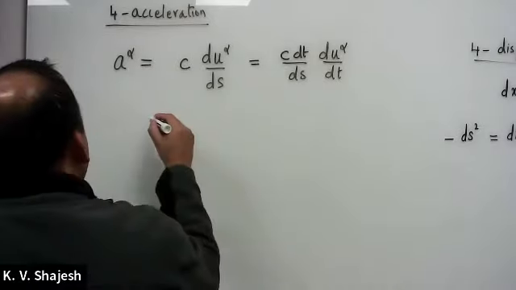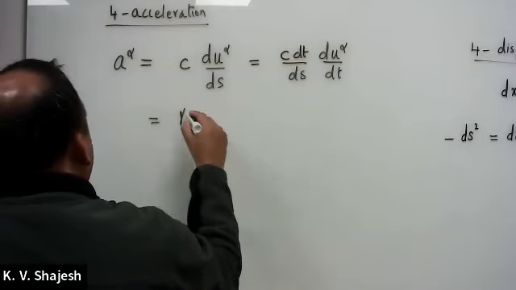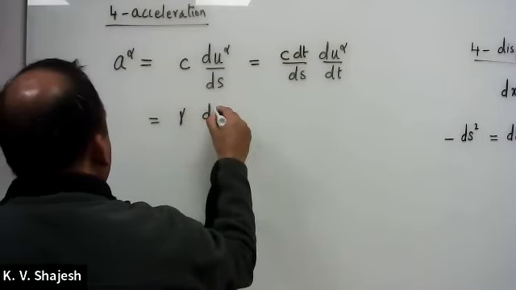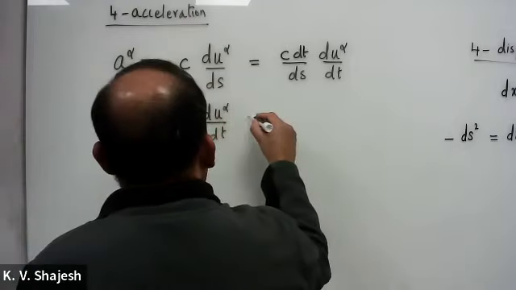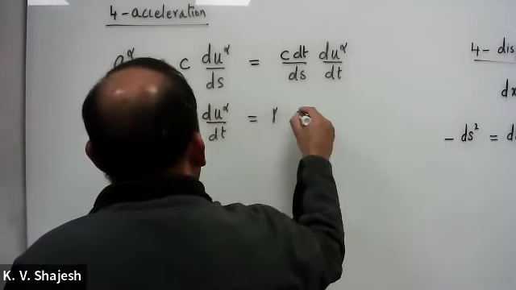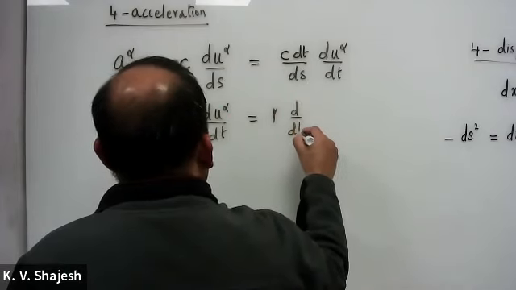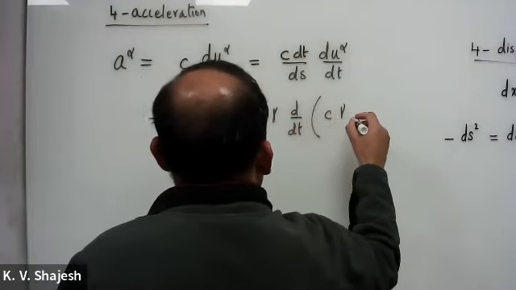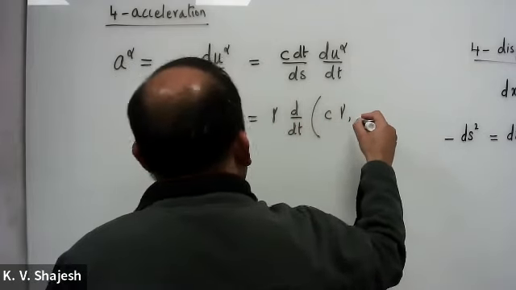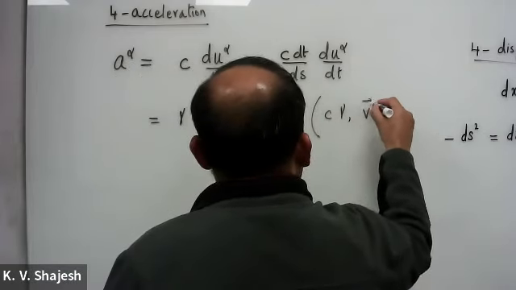That's gamma. So this is gamma times du alpha over dt. That's nothing but gamma times the time derivative of c times gamma and v times gamma.